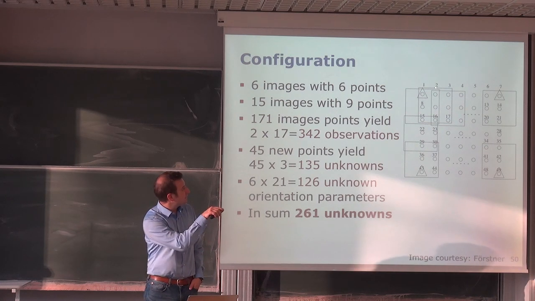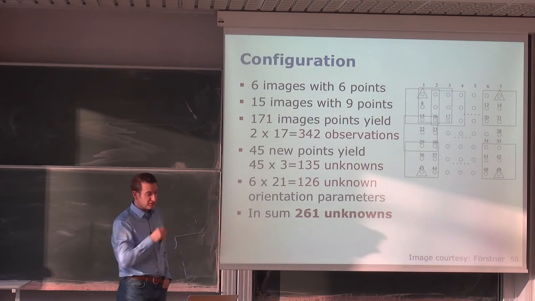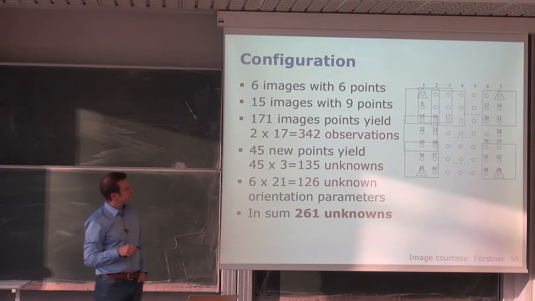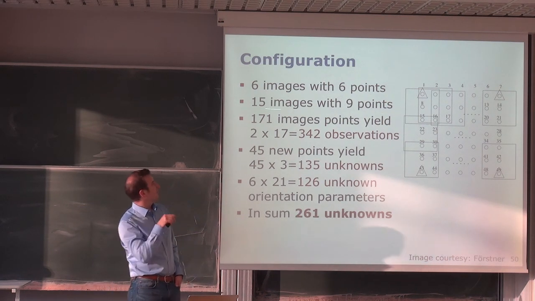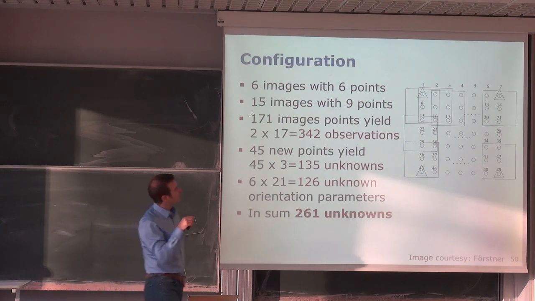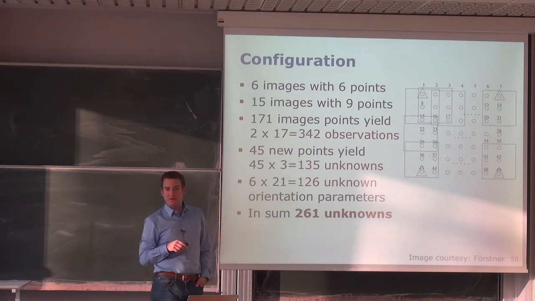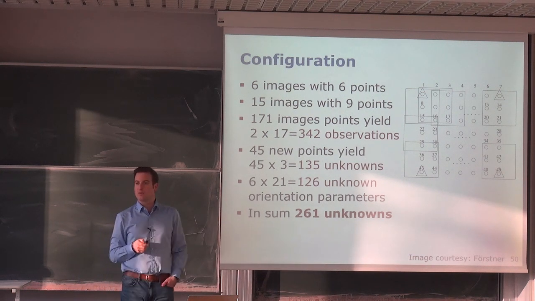For example, image number 2 will see points 1, 2, 3, 8, 9, 10, 15, 16, 17, so 9 points. We have 15 images with 9 points and 6 images with 6 points, and this ends up in 171 image points, and every image point has an x and y coordinate.